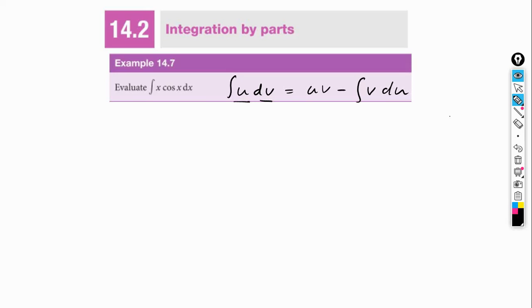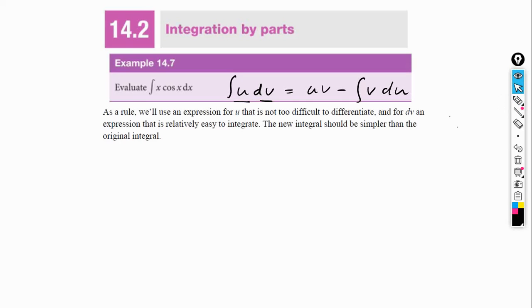For this, there is a general rule that we need to apply. In general, we need to find a u that is not too difficult to differentiate, and for derivative of v, an expression that is easy to integrate.